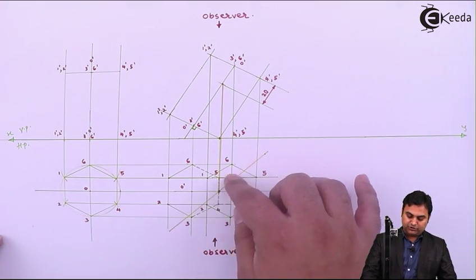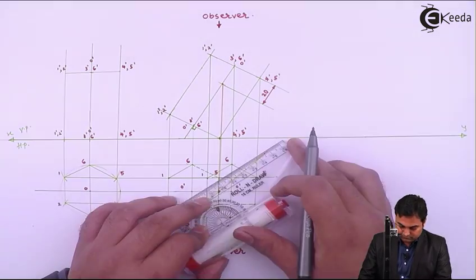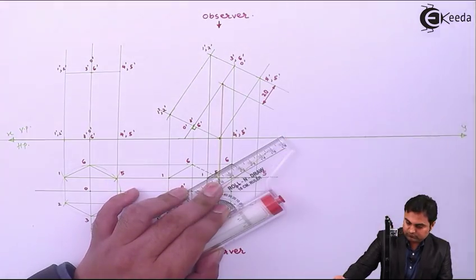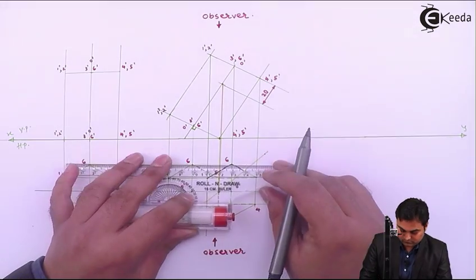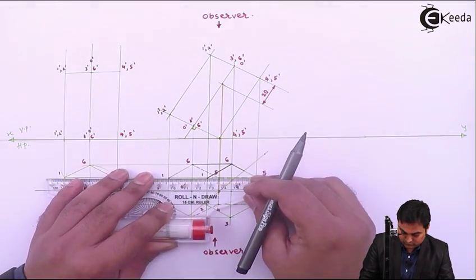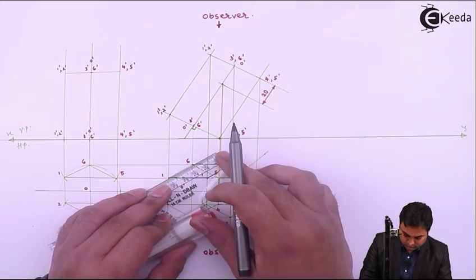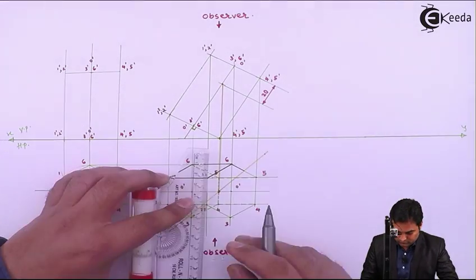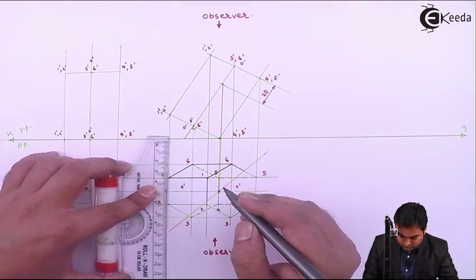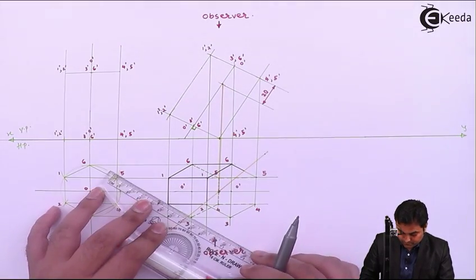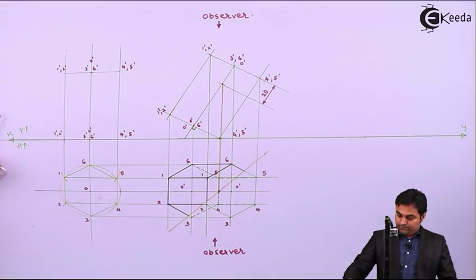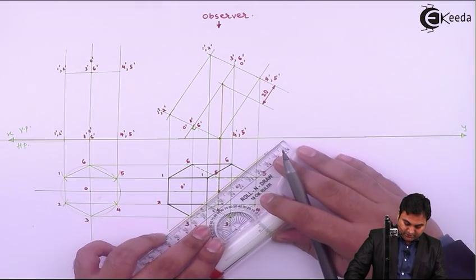So I'll make this portion dark. Making this cutting plane also dark.